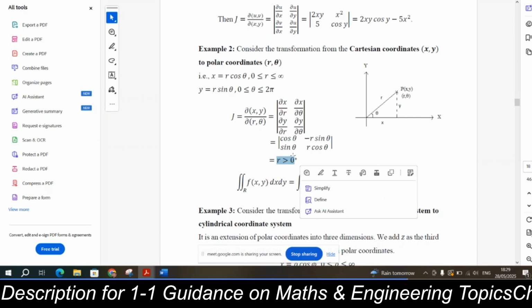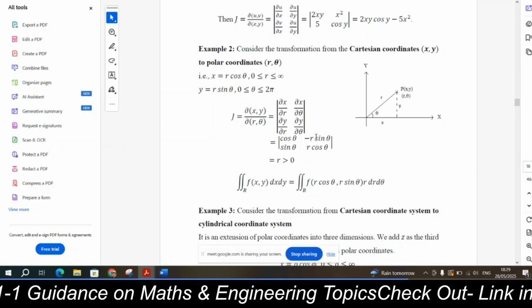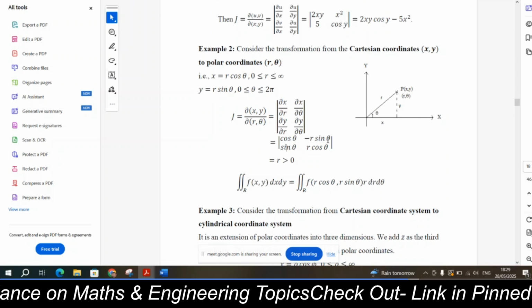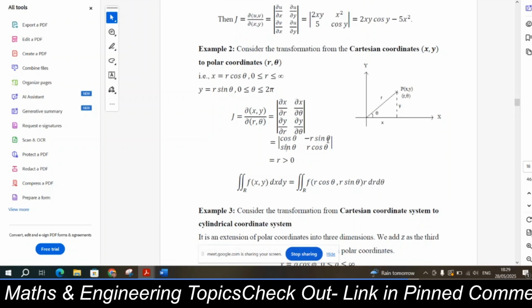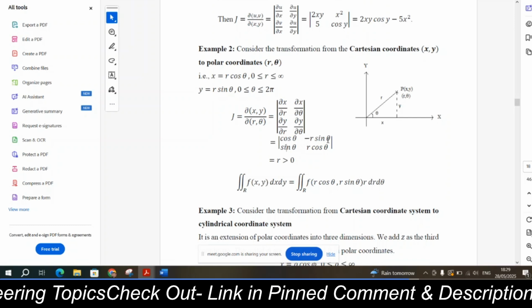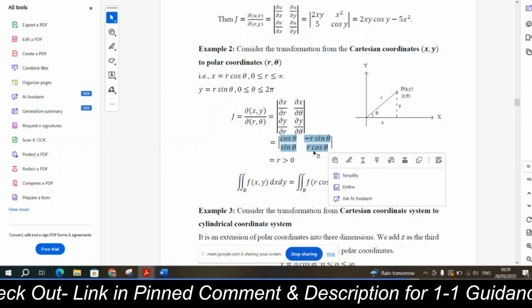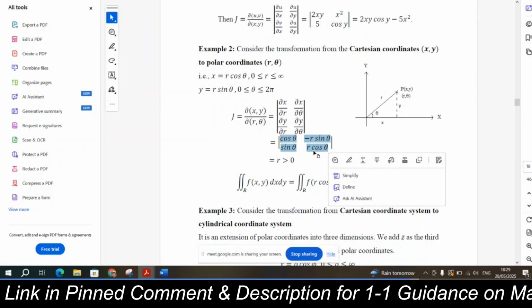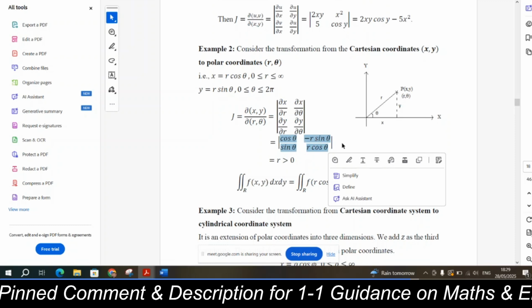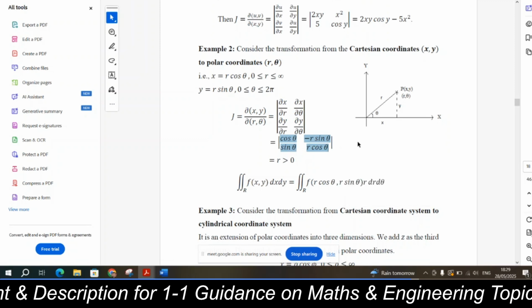So they have just simply substituted that and taken the partial derivatives. Okay, this is the determinant.